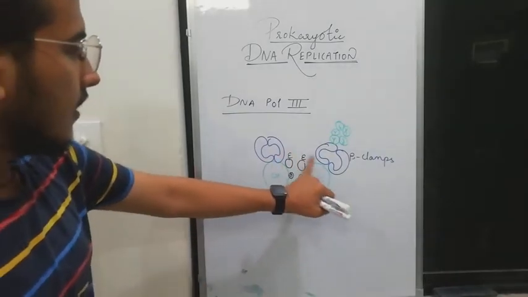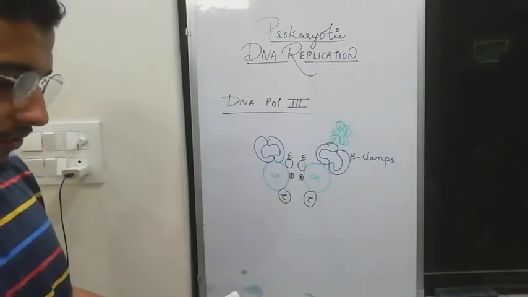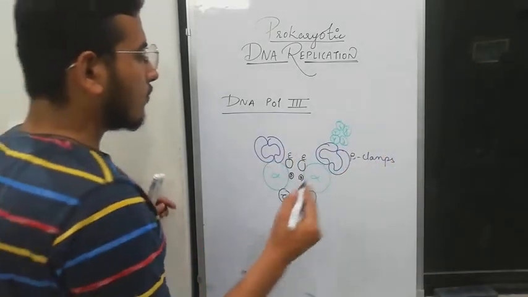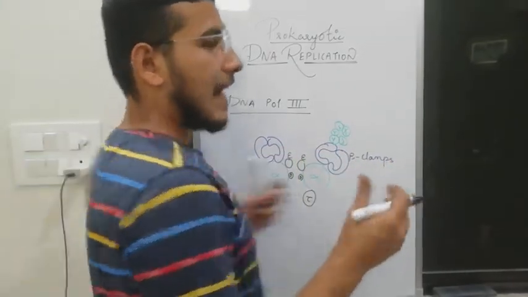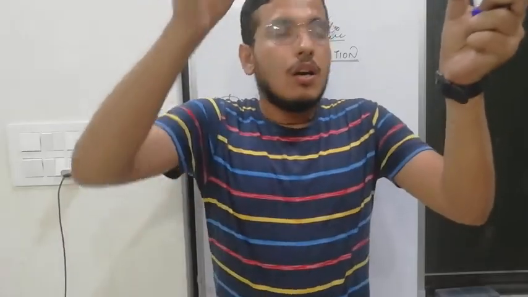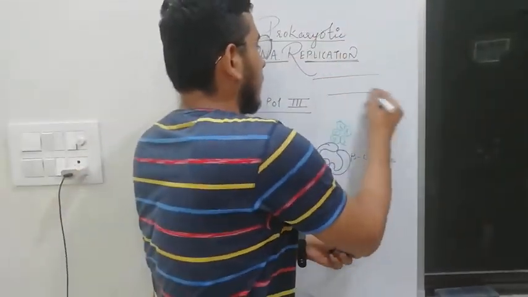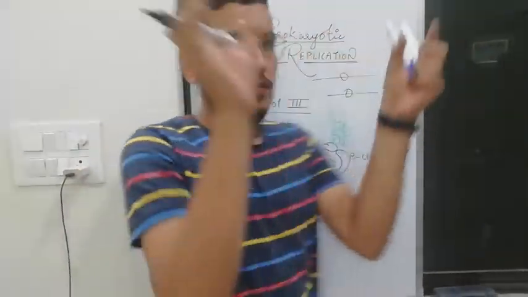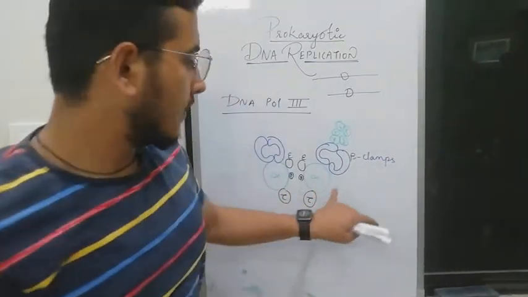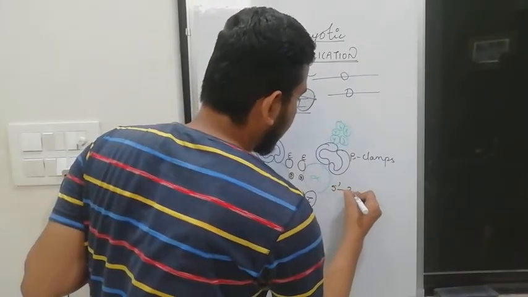So this is DNA polymerase 3. These are beta clamps. The beta clamps hold the two strands and will slide, and the alpha subunit will polymerize in the direction of 5' to 3'.